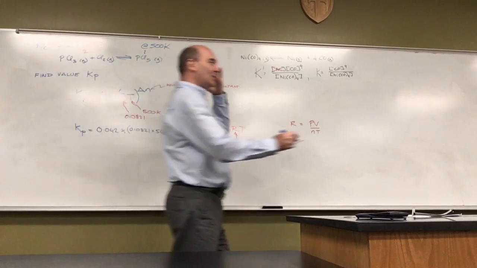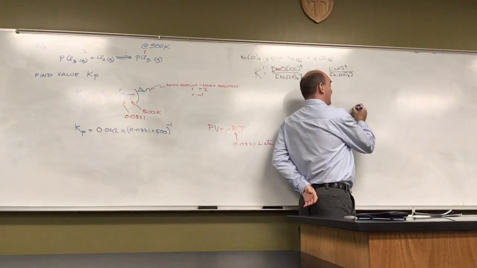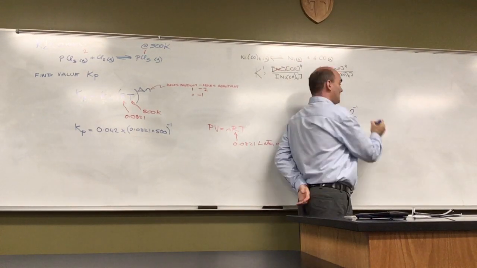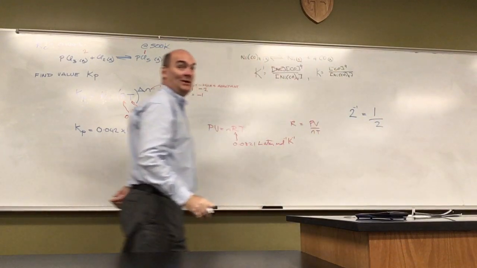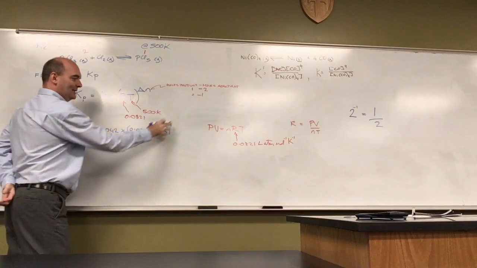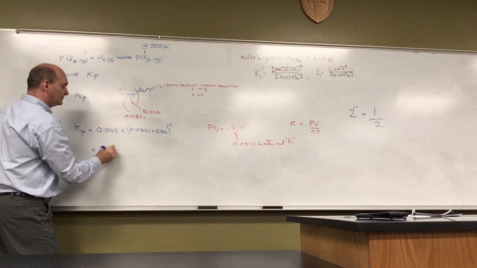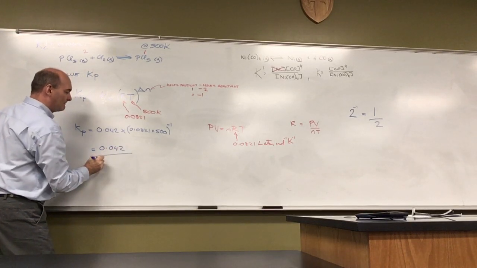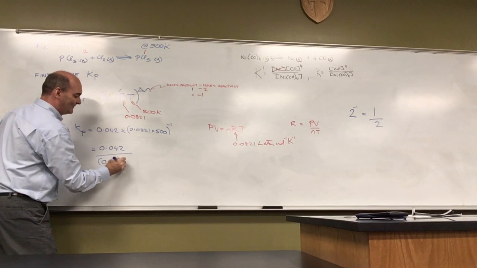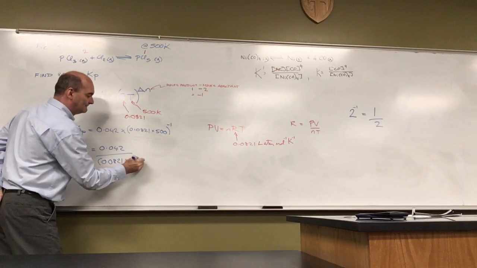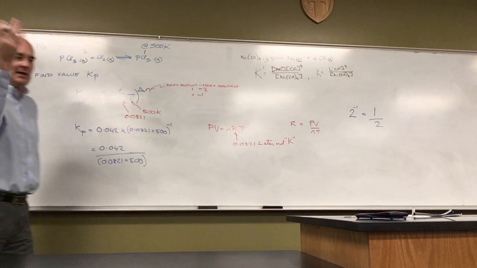So if the number I was thinking of was 2, and I raised it to the power of -1, what I get is 1 over 2. So I could do this in my calculator and raise this to the power of -1, or I could just scoot it down. There you go. That's my answer, whatever that answer is.